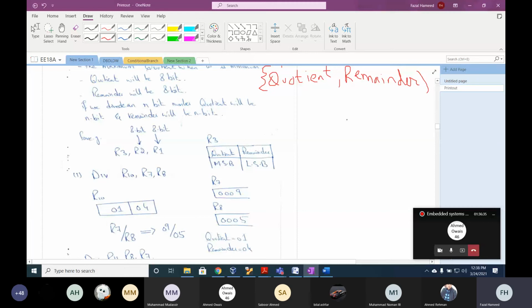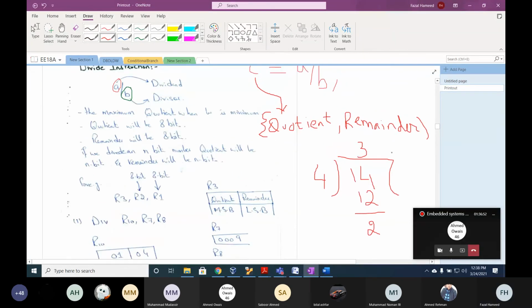Let me give this with an example. Let's assume I divide 14 by 4: 3 times 4 is 12, and 2 remains.